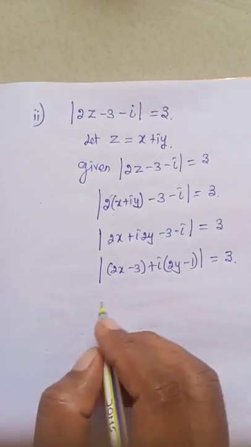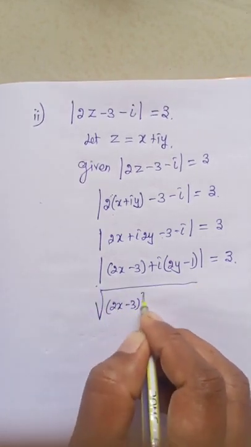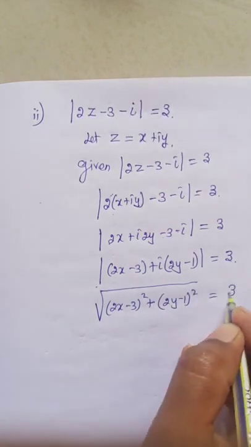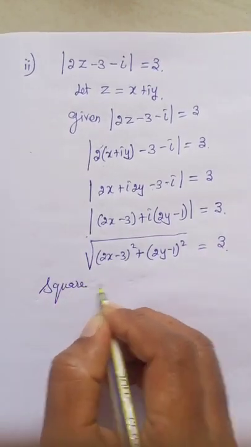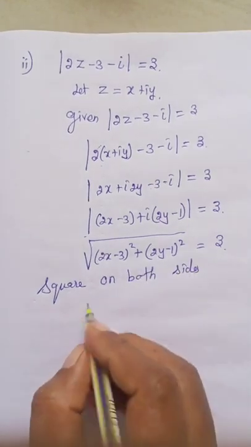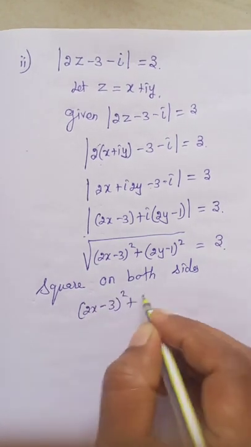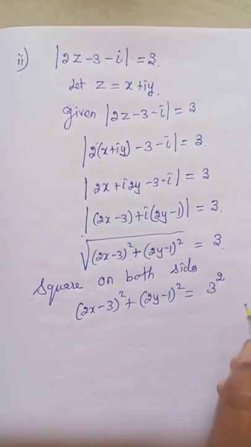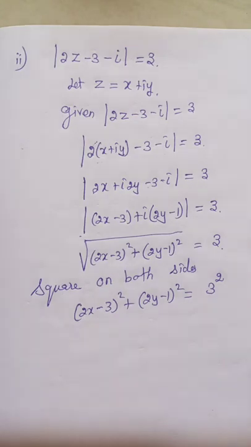Okay. Shall we find out that modulus value? Root of real part (2x minus 3) the whole square plus imaginary part (2y minus 1) the whole square is equal to 3. To remove the root, we will write square on both sides. So, when we square it, we make it (2x minus 3) the whole square plus (2y minus 1) the whole square is equal to 3 square. Now, we have to simplify and write the answer.